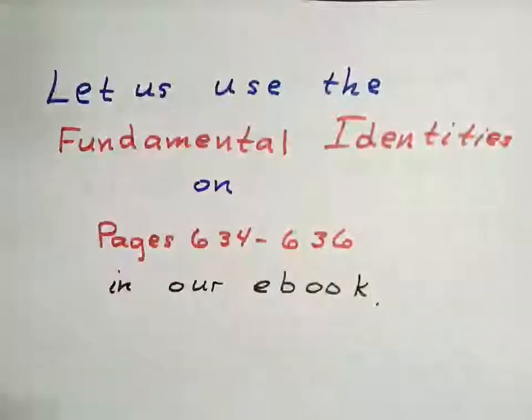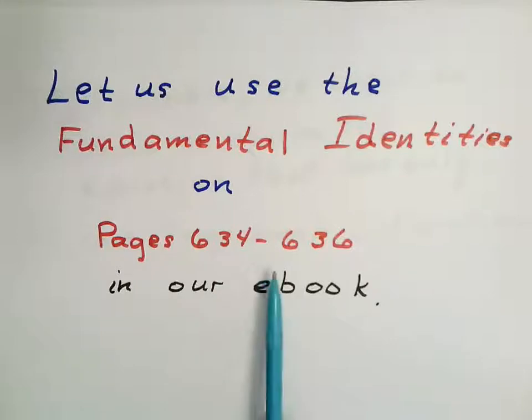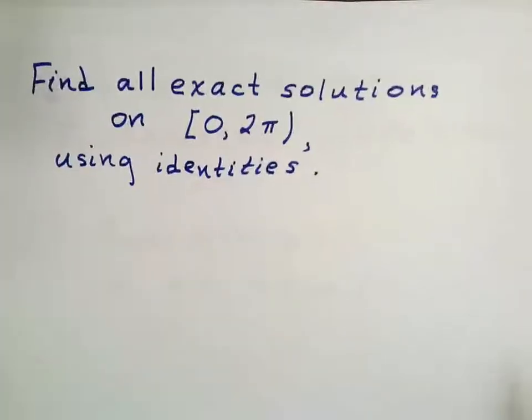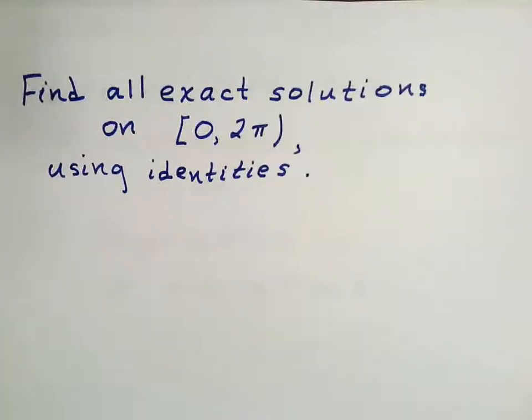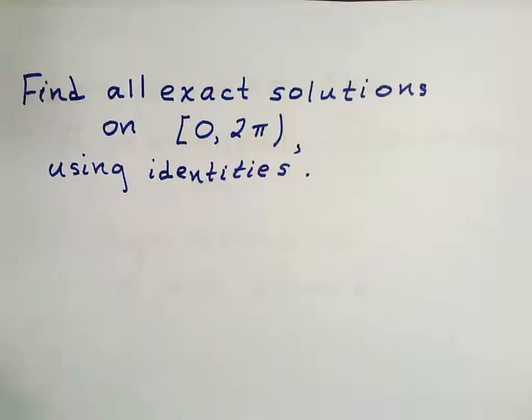Well, these are the fundamental identities that we have been talking about. And again, they're on pages 634 through 636 in our ebook. We are going to find all exact solutions on the interval from 0 radians to 2 pi radians using our fundamental identities.